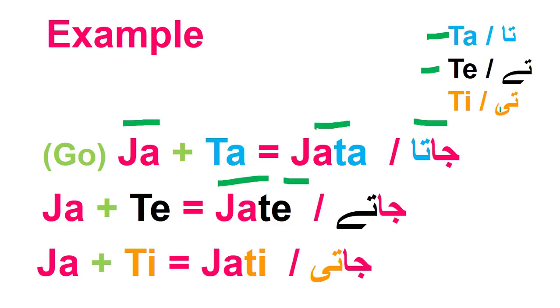And if we add ti, ja plus ti, it becomes jati. We added ta, te and ti to the root of the verb ja, and it became jata, jate and jati. So now I will teach you what is the difference between ta, te and ti.